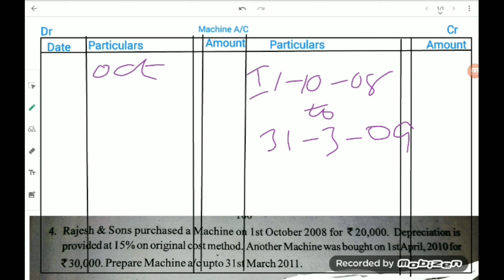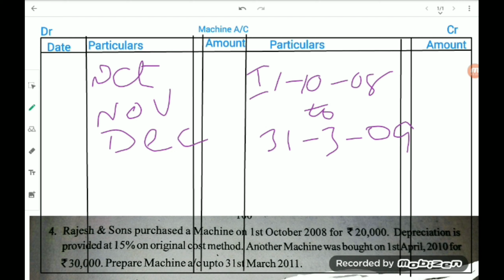See the month calculation for the first year: October, November, December of 2008 and January, February and March of 2009. So 1, 2, 3, 4, 5, 6 months.